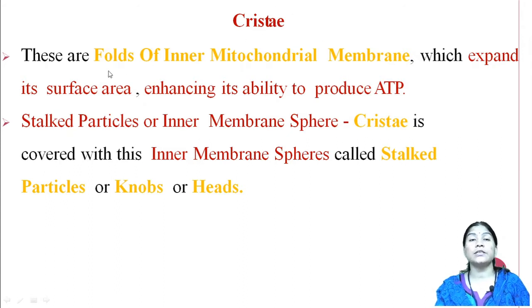These cristae are the folds of the inner mitochondrial membrane which expand its surface area, enhancing its ability to produce ATP molecules.